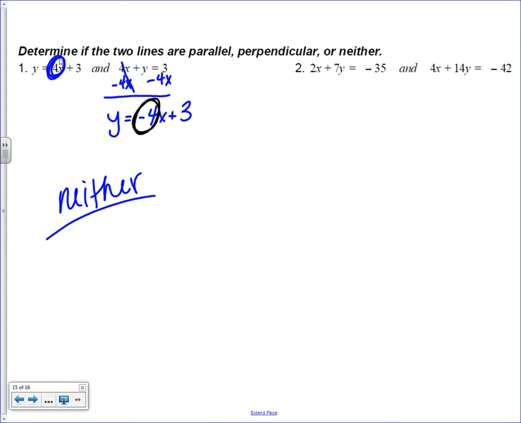Bad news in number 2 is neither of them have the Y by itself. So we got to do that. You want to take a guess on this one too? Let's see. Luke, can you isolate that first Y for me? How am I going to do that?